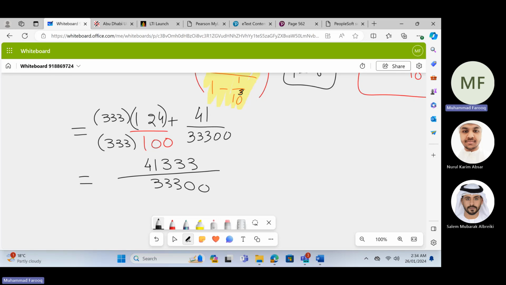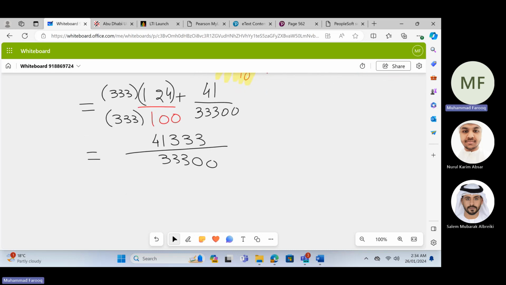Is simplification possible further? You are getting the same answer, 1.24123.